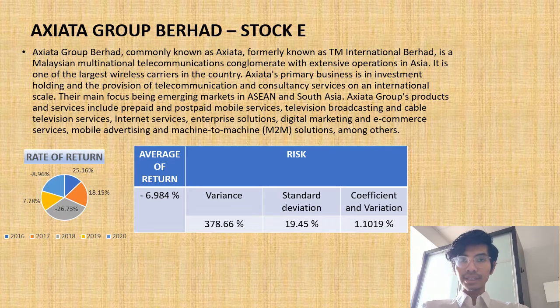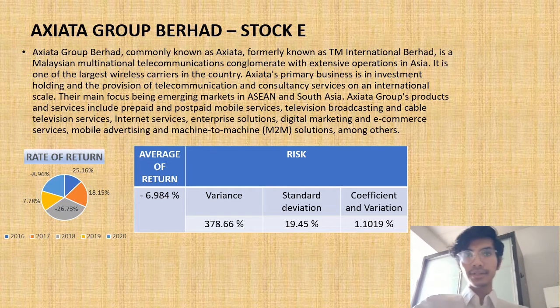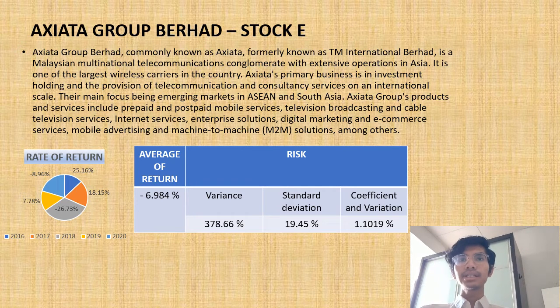It is one of the largest wireless carriers in the country. Axiata's primary business is investment holding and the provision of telecommunications and consultancy services on an international scale. Their main focus is emerging markets in ASEAN and South Asia.